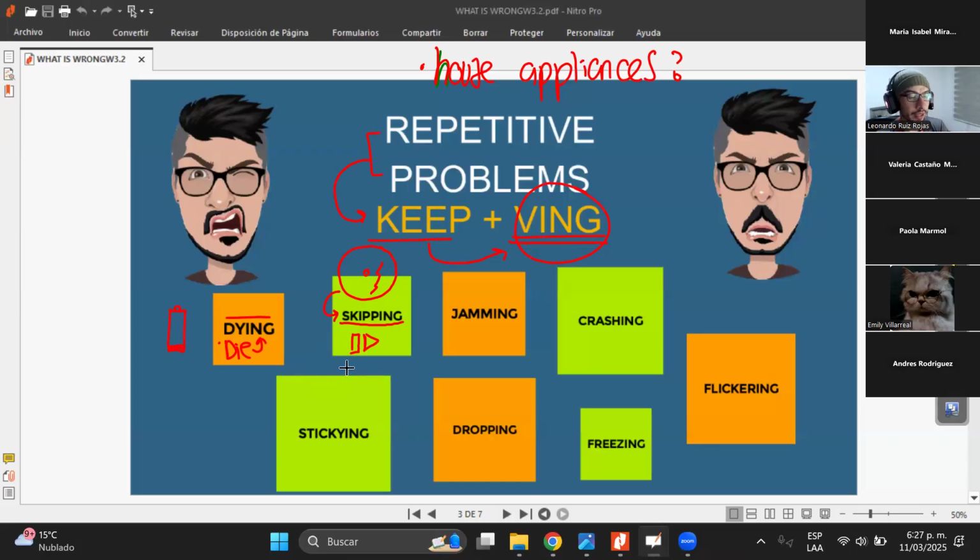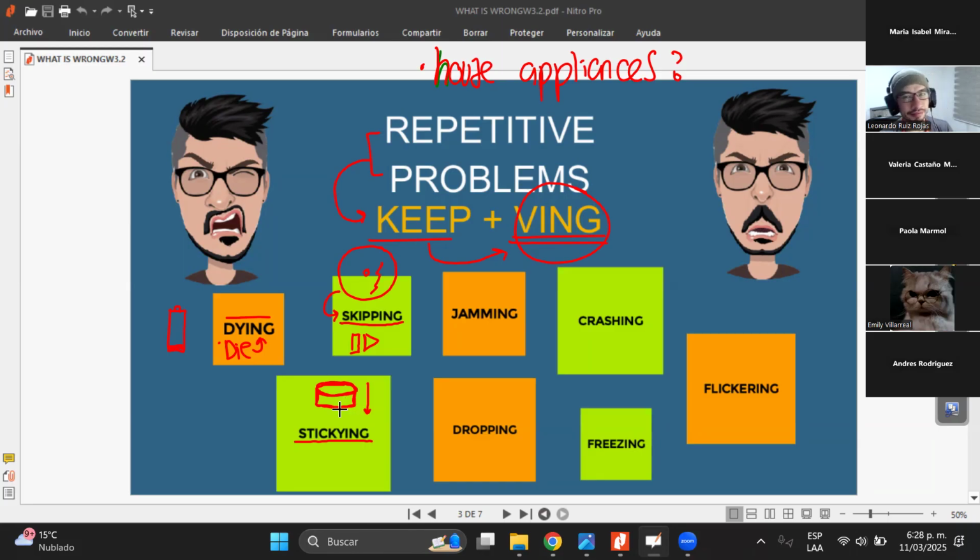Ready? Sticking is more related to the buttons. Buttons, for example, in the remote controllers, in the different appliances, in the microwave, in the washing machine. When I say that a button keeps sticking, it means that I push it down and it doesn't come up.